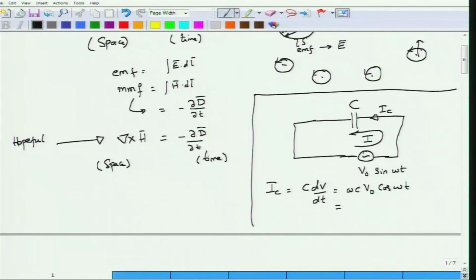For a parallel plate capacitor filled with a perfect dielectric of permittivity epsilon, C becomes epsilon A by d, where A is the cross section area of the capacitor and d is the separation between the plates, and there is cos omega t. This is the charging current that we would expect.